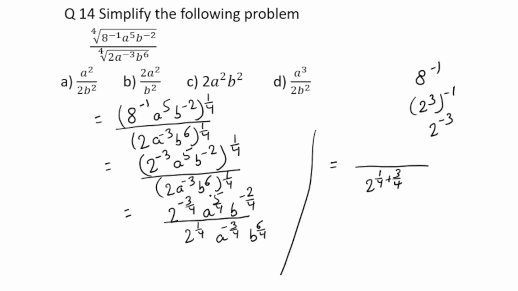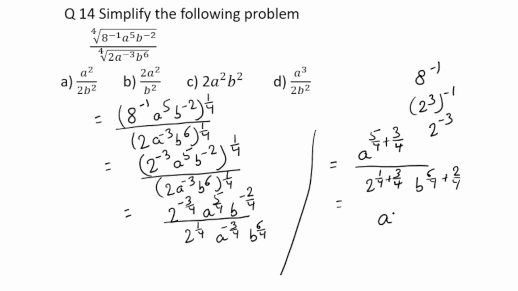If we move to numerator, it's going to be positive. A to the power 5/4 plus 3/4. And similarly, we have to move b to the power minus 2/4 to the denominator. B to the power 6/4 plus 2/4.